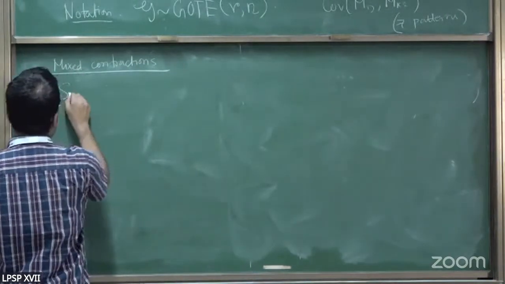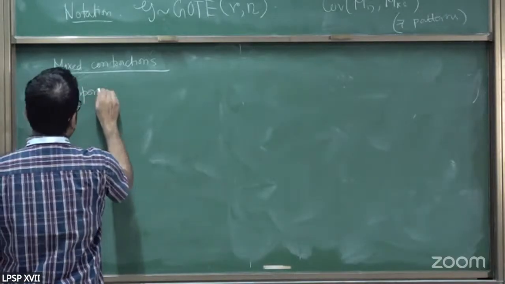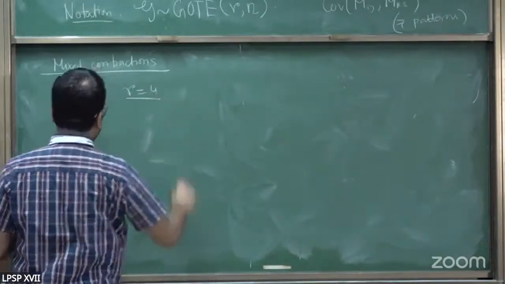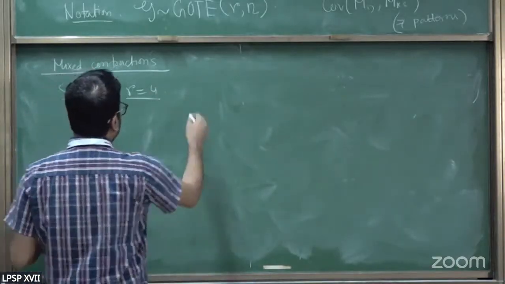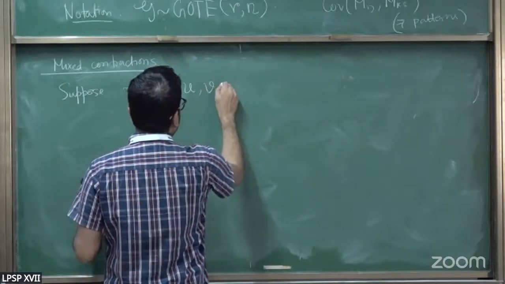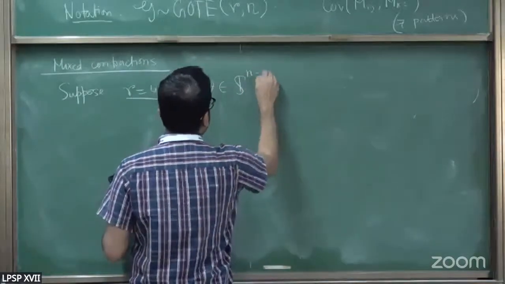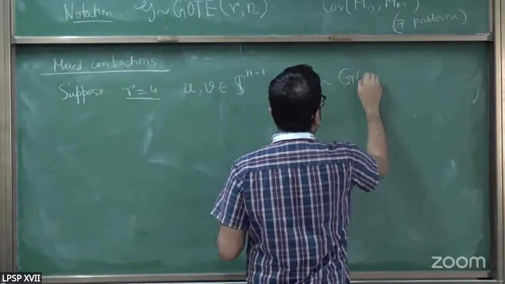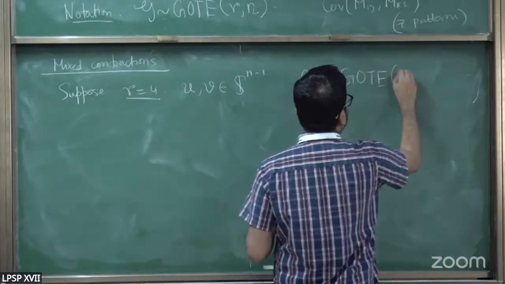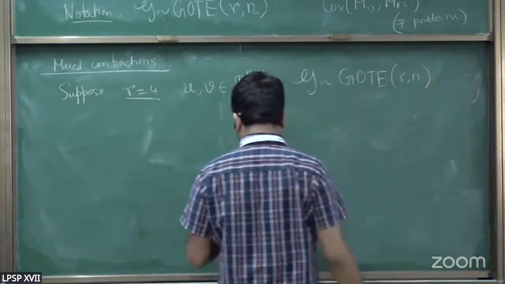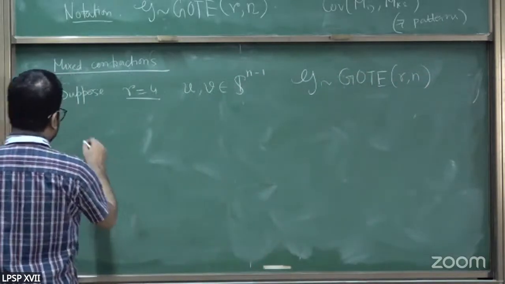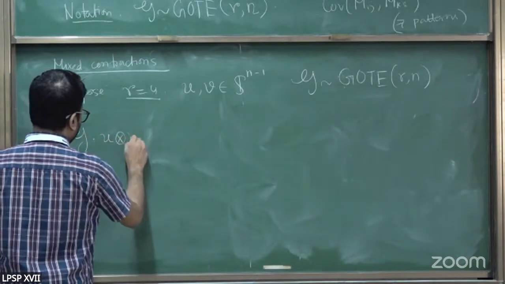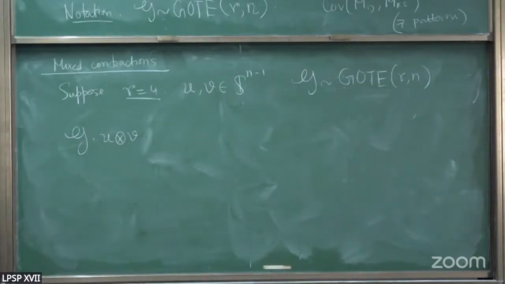So suppose R is four. We have a fourth-order tensor. And you have two directions now, U and V. G is still a GOE tensor. Now we are interested in the mixed direction contraction. U and V are different.